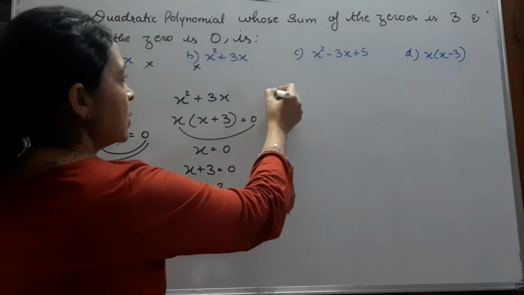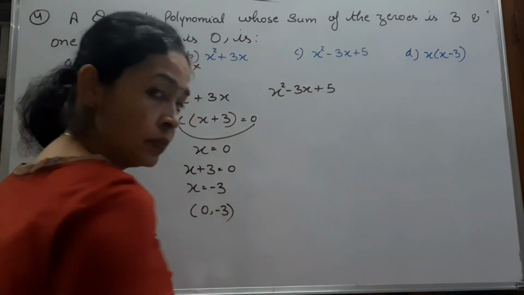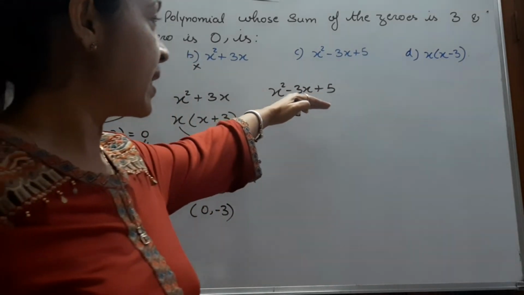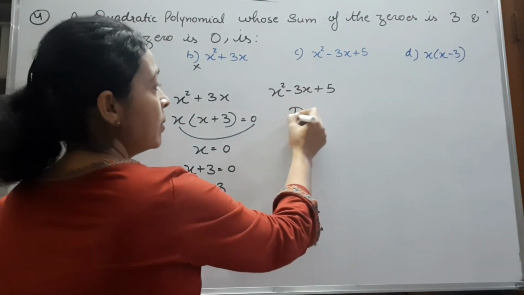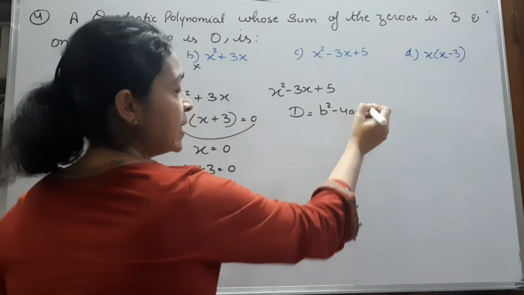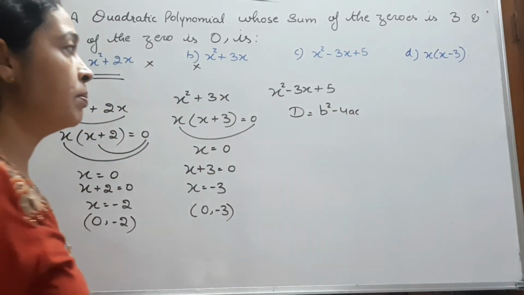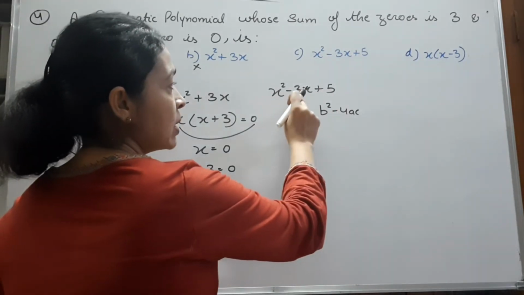Let's move to the third one, x square minus 3x plus 5. Can we make factors? Can we split the middle term? No, because let's find D. D is b square minus 4ac. D is the discriminant, you must have studied it in quadratic equations. What is D?